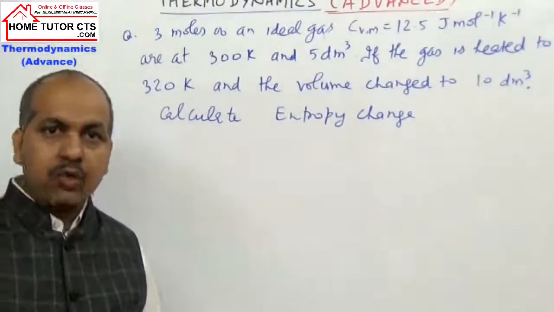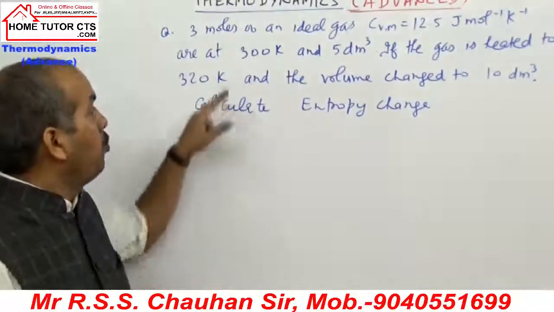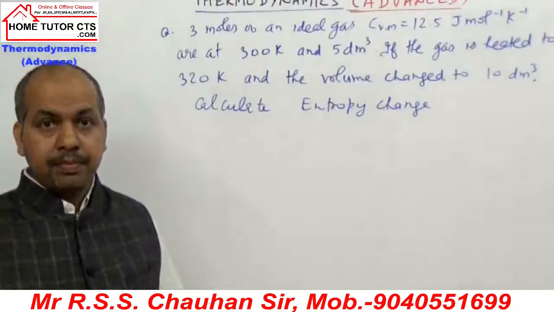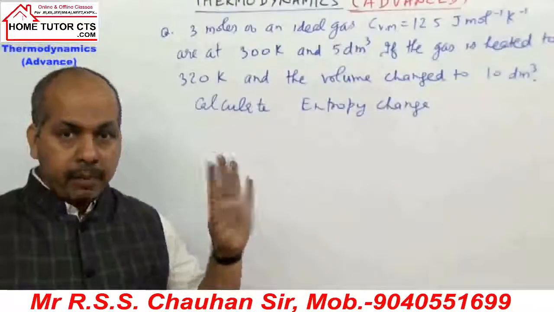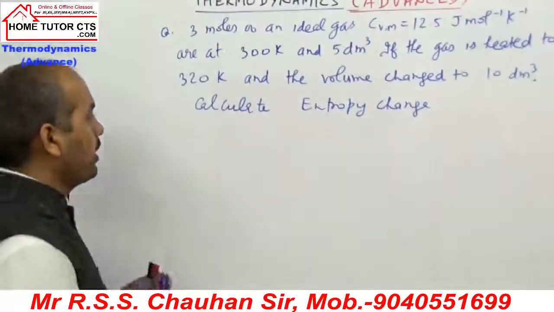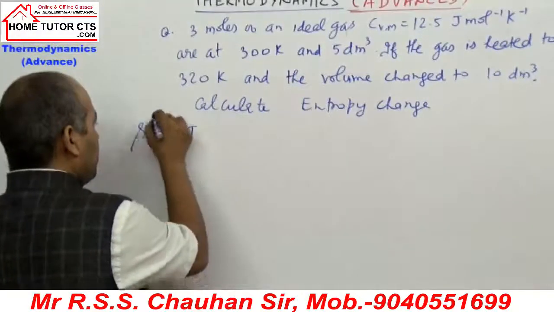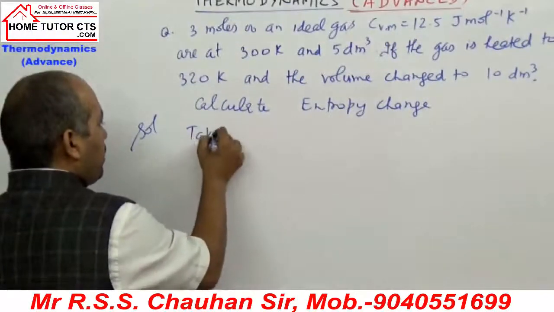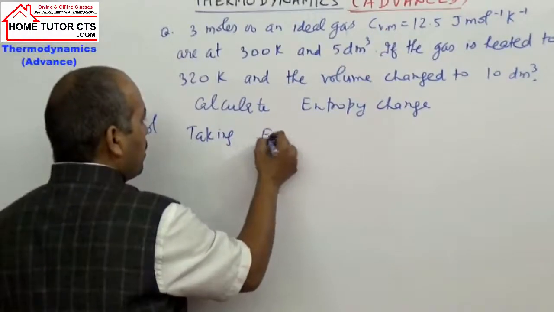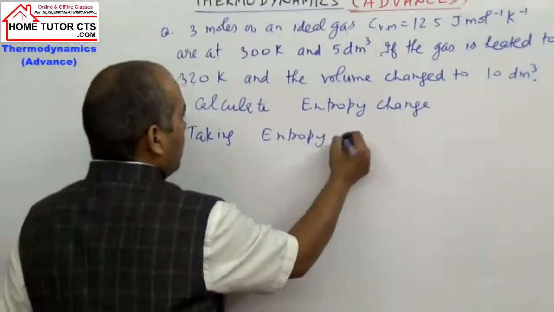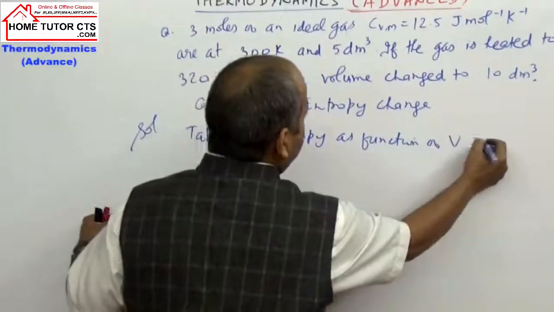So try this question yourself. Now in this question you have two variables. One is temperature is changing, second volume is changing. The two variables temperature and volume are changing, so we can take here entropy as a function of volume and temperature.